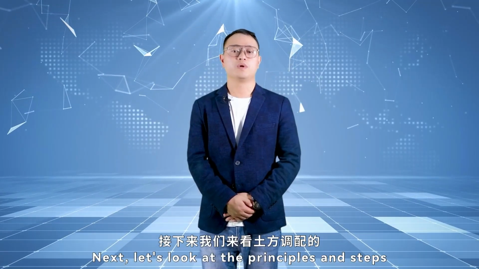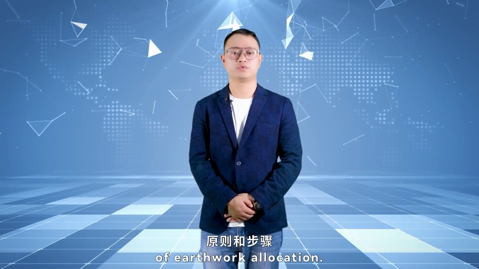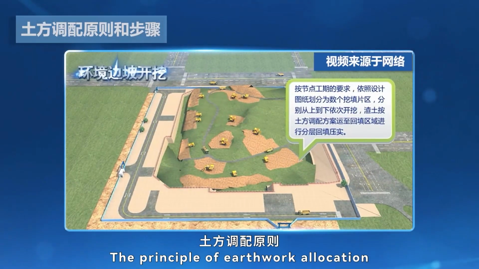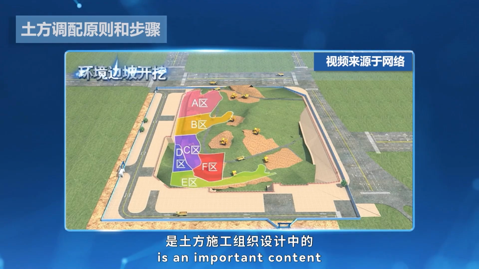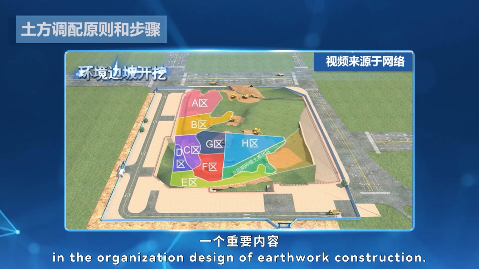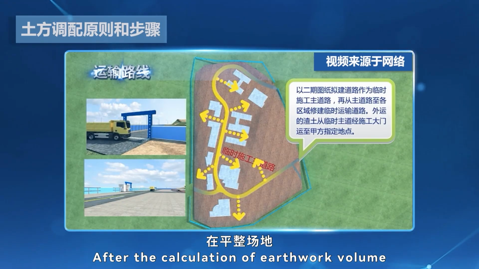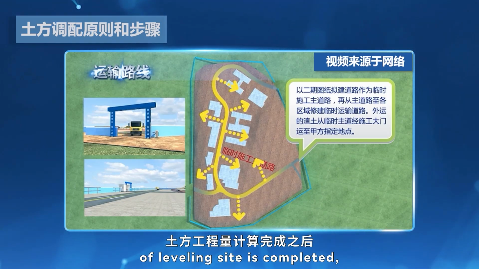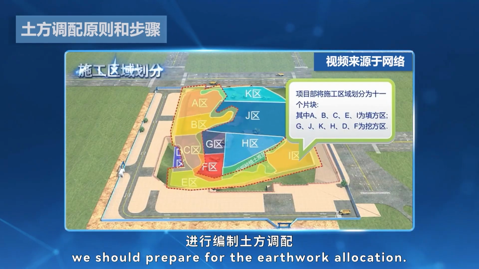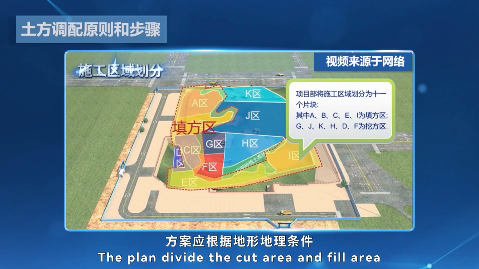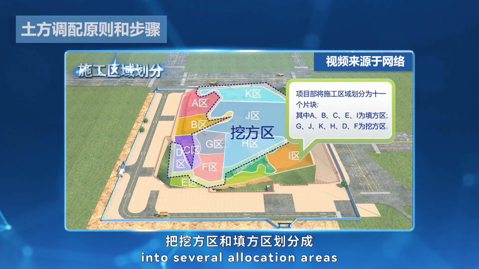Next, let's look at the principles and steps of earthwork allocation. The principle of earthwork allocation is an important content in the organization design of earthwork construction. After the calculation of earthwork volume of leveling site is completed, we should prepare for the earthwork allocation. The plan divides the cut area and the fill area into several allocation areas.